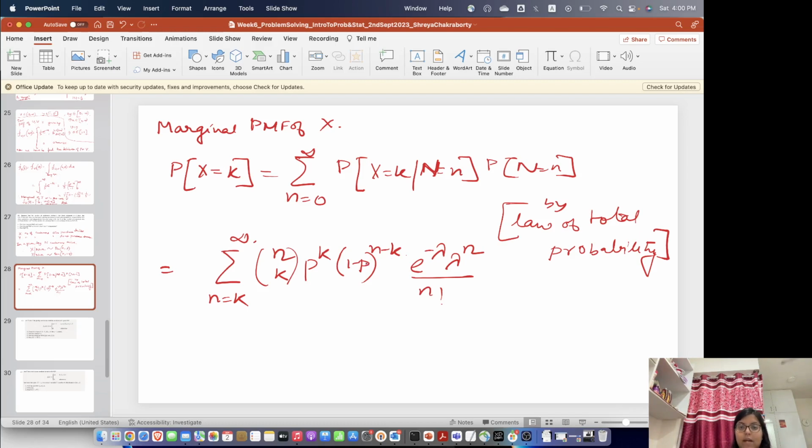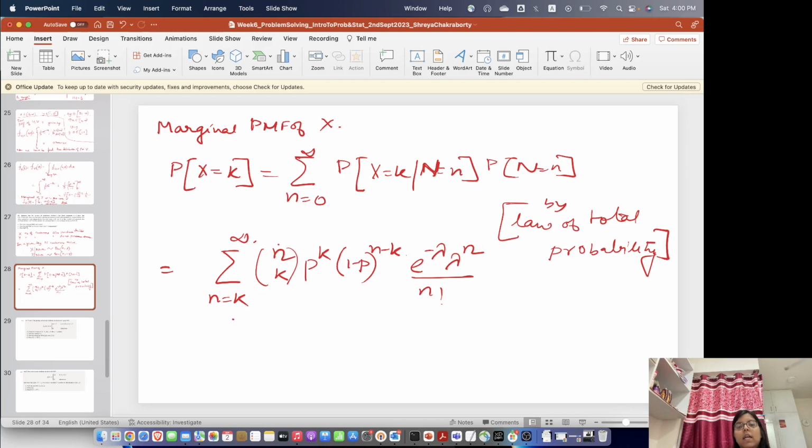Alright, why? Because at least k customers should, this n minus k cannot be negative. So this range will change from k to infinity.